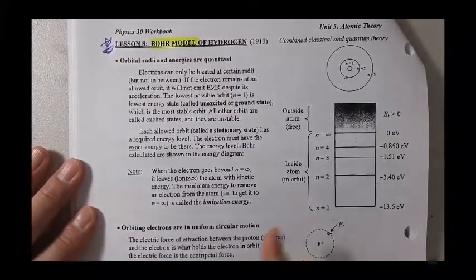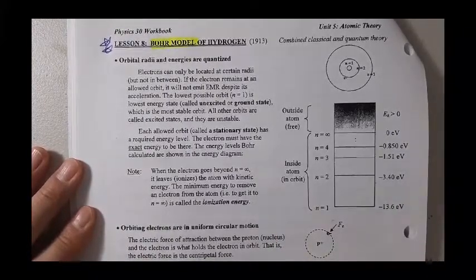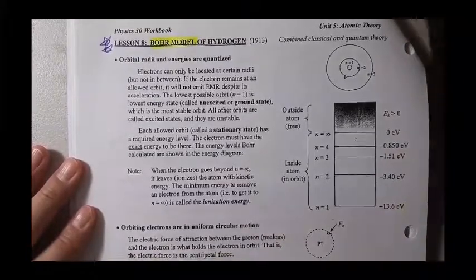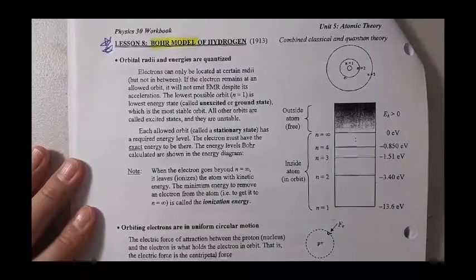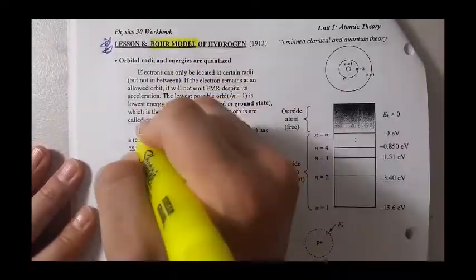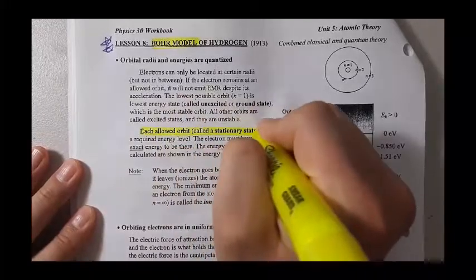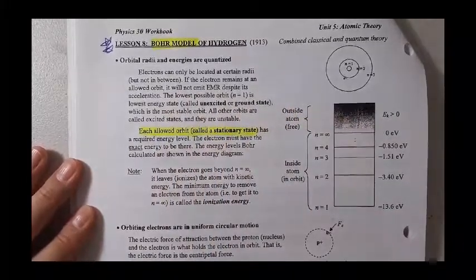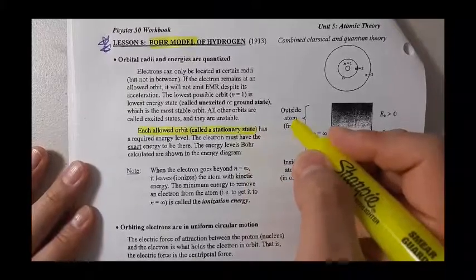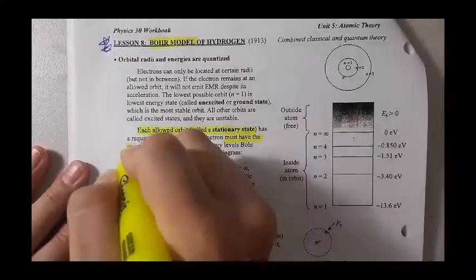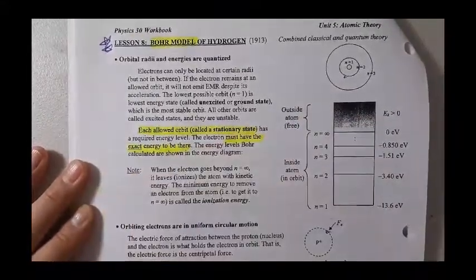Yes, it is true that electrons go around the nucleus like planets. However, what he suggested was each electron has its place. They orbit at certain levels, known as stationary states, and in that stationary state the electron must have exact energy to stay there.